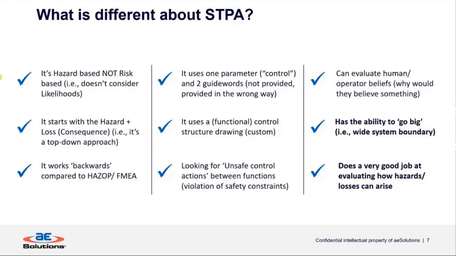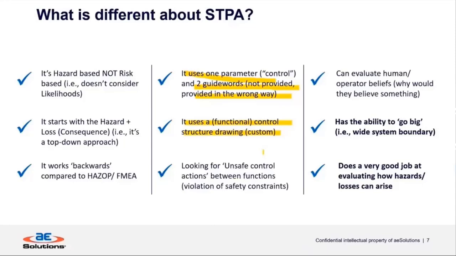Another big difference here. So let me highlight these couple here. This is a significant difference. It uses what's called a control structure drawing of the system under analysis. So we're used to maybe the P&ID, having some other types of documentation in the room.